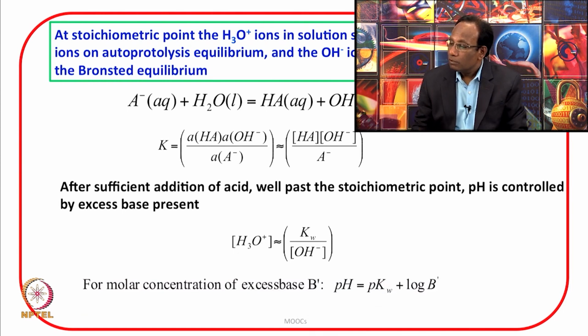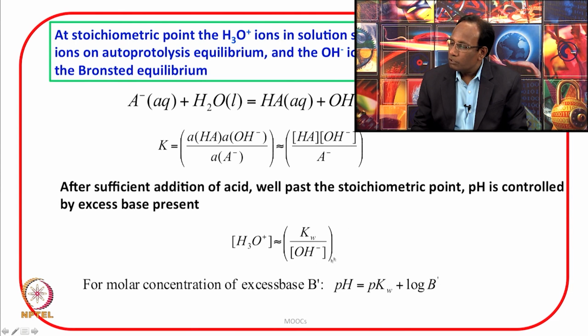Then again, if I take the logarithm on both sides and set minus log H3O plus as pH, and the OH ion concentration will result in pOH, and then use pH plus pOH is equal to pKw. I am skipping a step over here.